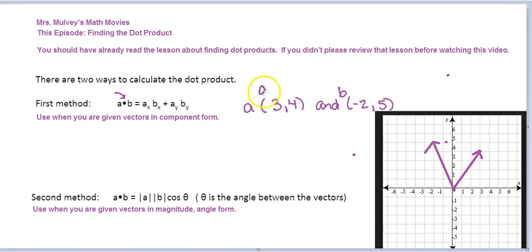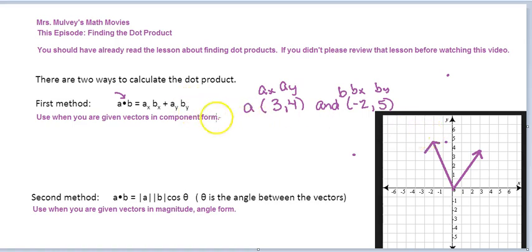So this is A sub x and this is B sub x. A sub x and B sub x is just a way of saying the x value from the A vector, and B sub x is the x value from the B vector. The 4, the y value from the A vector, we call A sub y, and the 5, the y value from the B vector, we call B sub y.